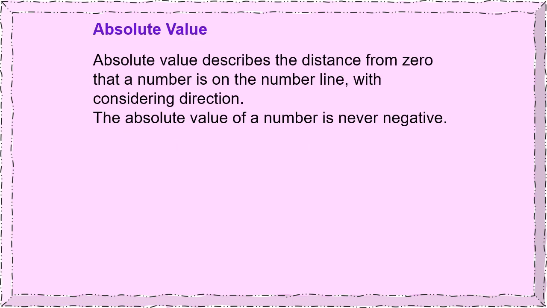Okay, so what is absolute value? Absolute value describes the distance from zero that a number is on the number line without considering direction. So the absolute value of a number is never negative, okay?